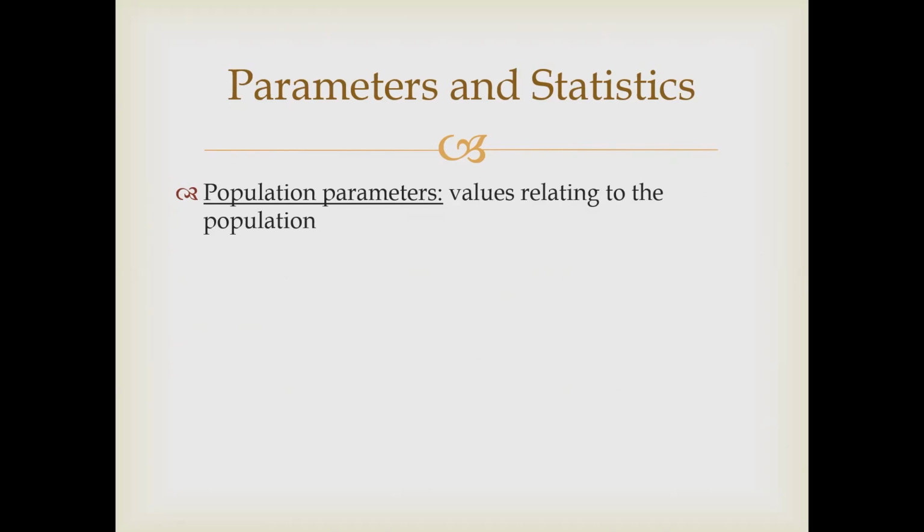So what is the stress of the entire population? That is the population parameter. The mean stress of the entire population of bank employees in Kerala is called the population parameter. It is the value relating to the population.